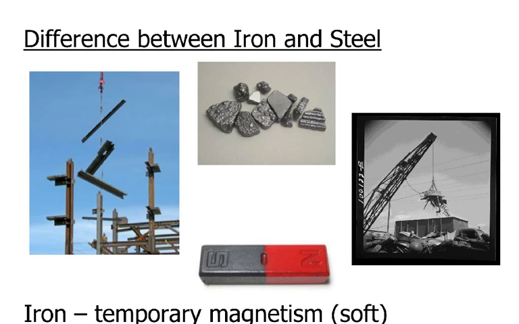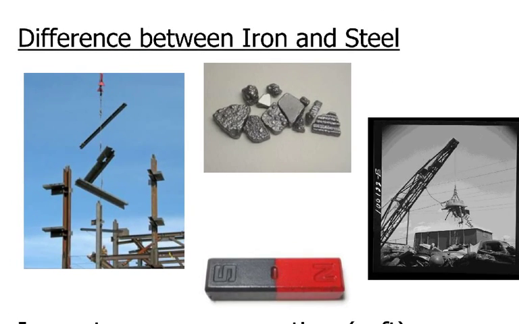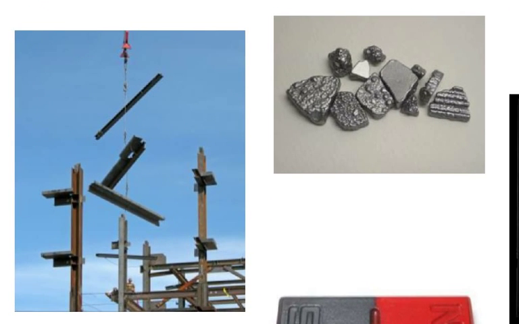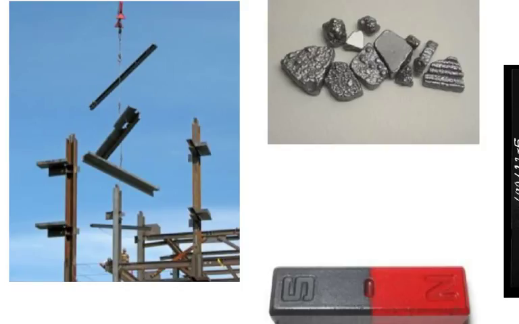Alright, so I said iron and steel are basically the two common things that are magnetic, but there's a difference. Here we have the picture of iron bits and the picture of steel girders, just to keep those in mind. But they make magnets in different ways from each other. Basically, if you get steel magnetized, it stays magnetic.